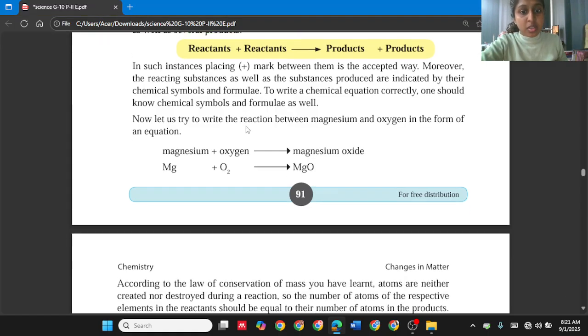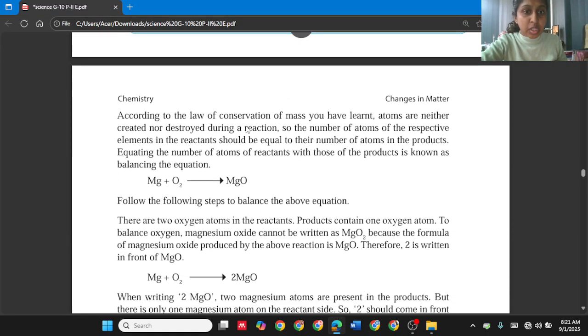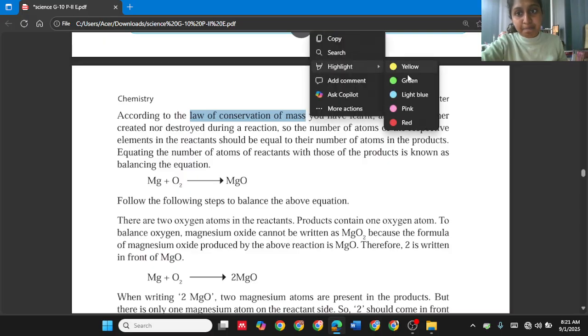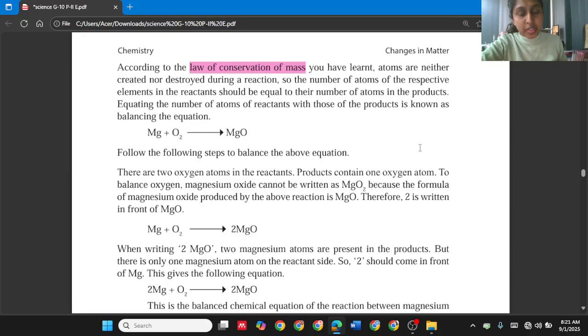Okay. According to the law of conservation of mass, highlight this one. According to the law of conservation of mass, you have learned atoms are neither created nor destroyed during a reaction.